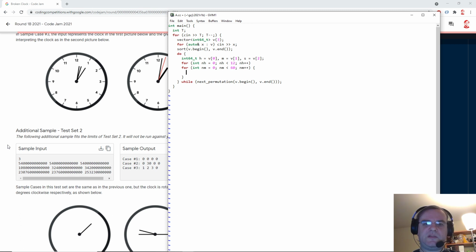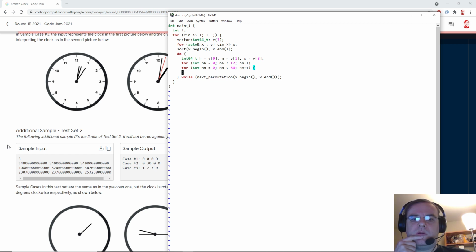All right, so the thing that rotating the clock doesn't change is the difference between the minute and the hour hand, which grows at 11 ticks per nanosecond. So we want to use that.